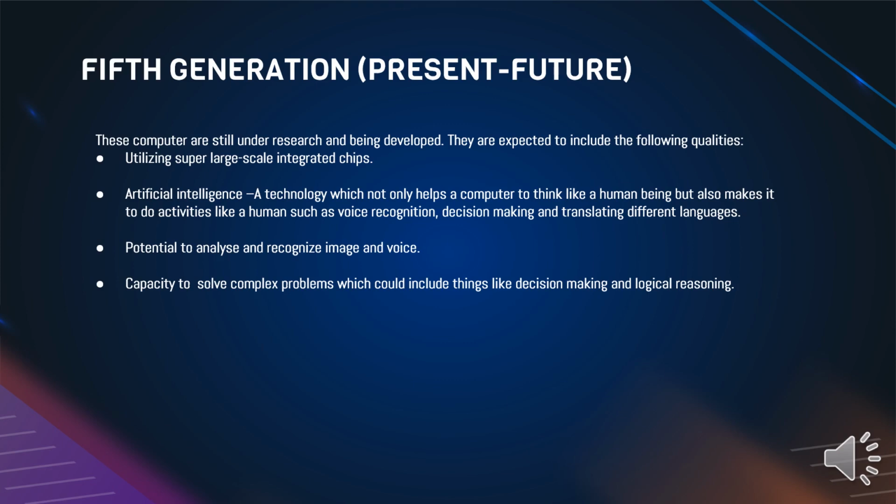They are expected to include the following qualities: utilizing super large scale integrated chips; artificial intelligence, a technology which not only helps a computer to think like a human being but also makes it do activities like a human, such as voice recognition, decision making, and translating different languages; potential to analyze and recognize image and voice; capacity to solve complex problems, which could include things like decision making and logical reasoning.